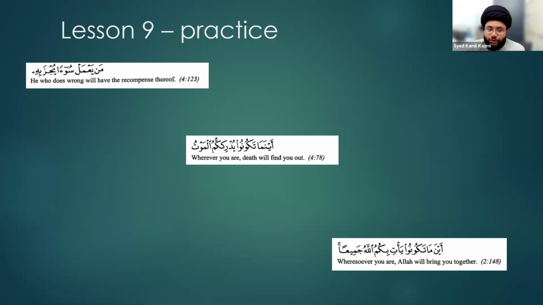It would be liyujza, for example. But either a li would come or a hamza would come, as we studied in the previous sessions when we were looking at amr, that in some cases a li comes, in other conjugations a hamza comes, or perhaps in certain cases like khud, it doesn't become akhud, it just becomes khud.